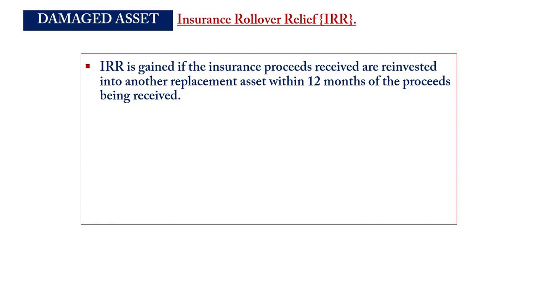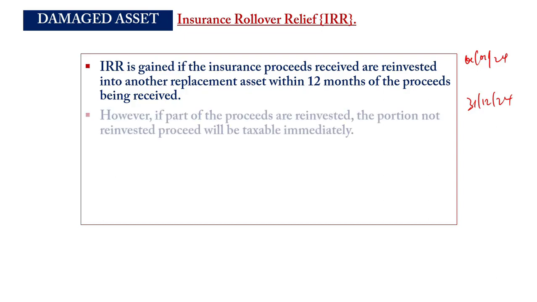So if they get the proceeds on 1st January 2024, they have up to 31st December 2024 to replace the asset with the proceeds that they have received. If they replace the asset with the entire money received, then the entire gain will be delayed. Okay, it will be deferred.